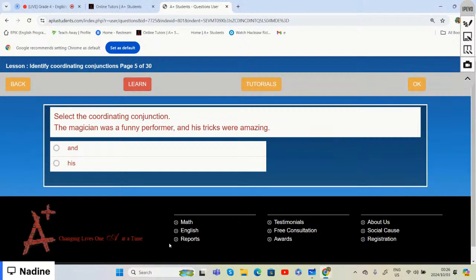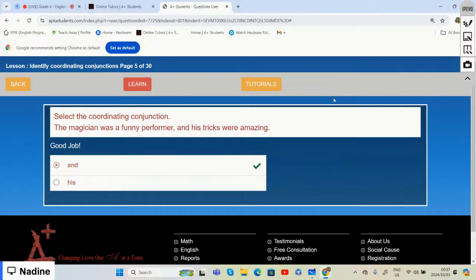Option one, and, or option two, his. If we were to select the correct coordinating conjunction, then yes, we will say and his tricks were amazing. Well done.